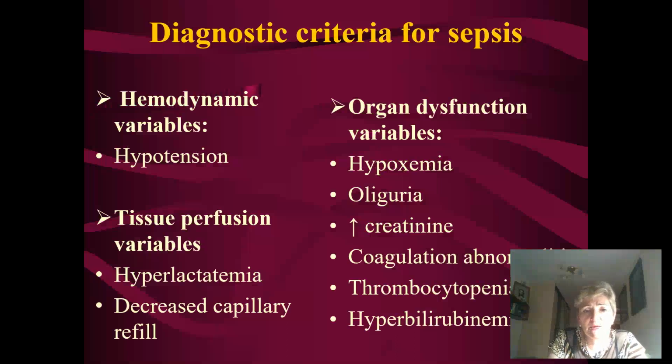Next, hemodynamic disorder, hypotension, tissue perfusion variables, hyperlactatemia and decreased capillary refill. Organ dysfunction includes hypoxemia, oliguria, increased creatinine, coagulation abnormalities, thrombocytopenia, and hyperbilirubinemia.